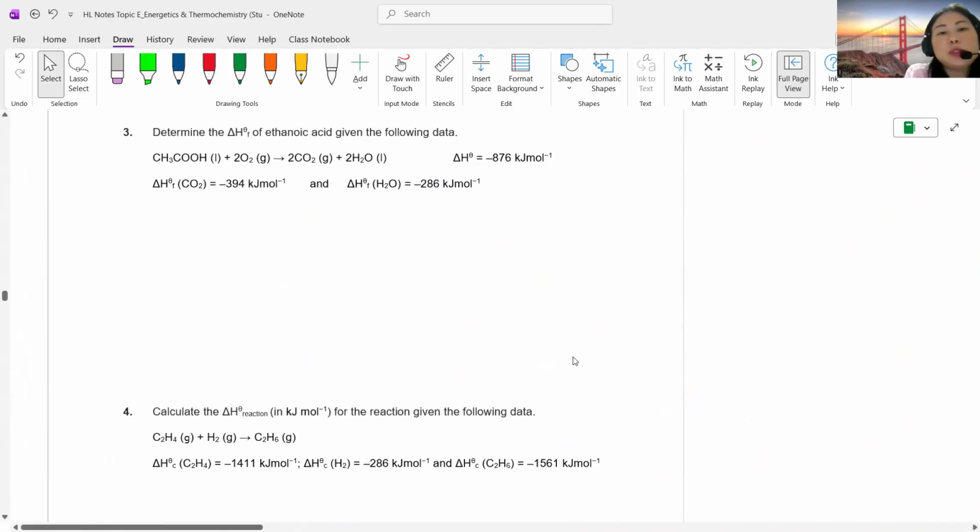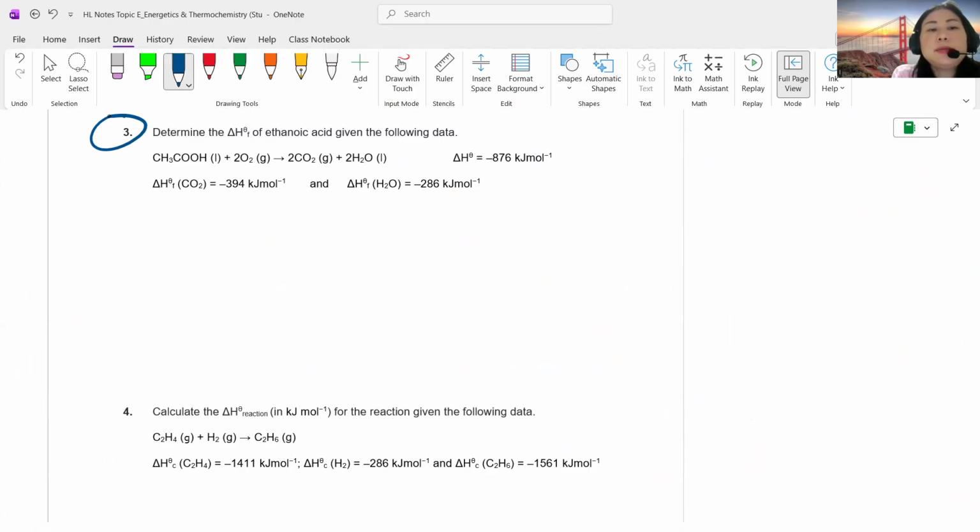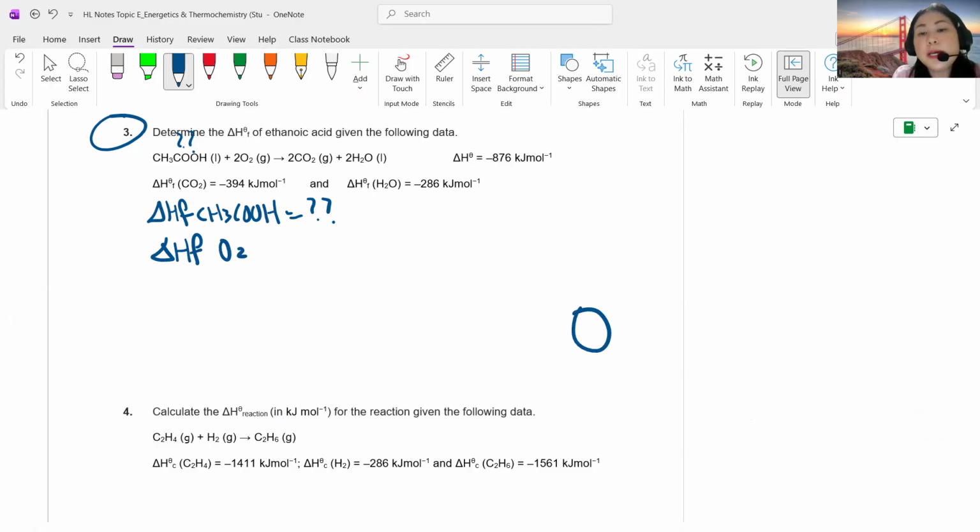Okay, let's look at question 3. Determine the formation of ethanoic acid given the following. My job is to find the formation of this, and I don't know how much it is. The formation of oxygen is not given, because you cannot form oxygen from oxygen.